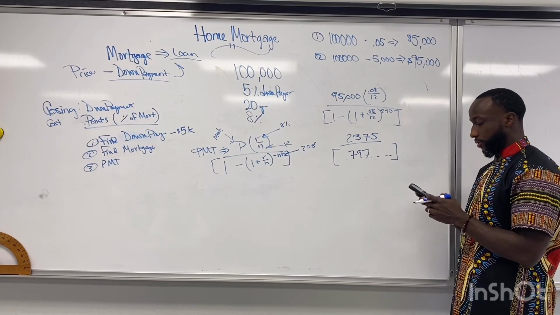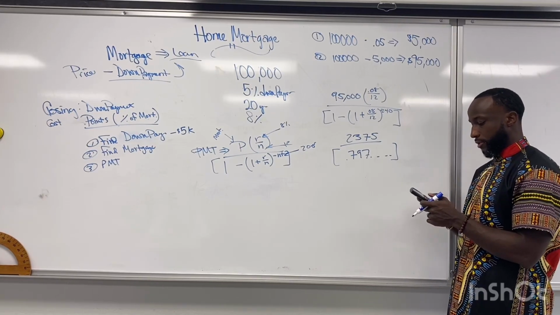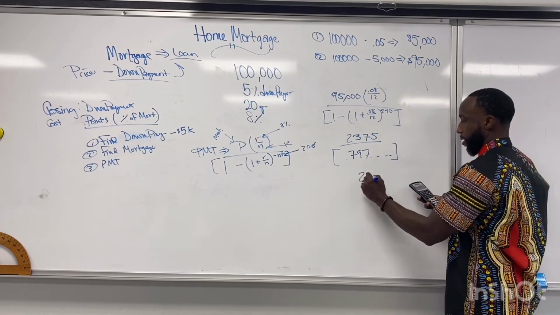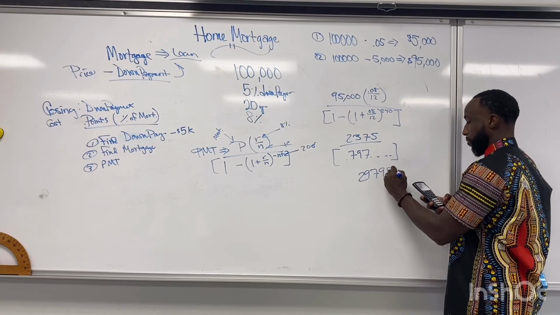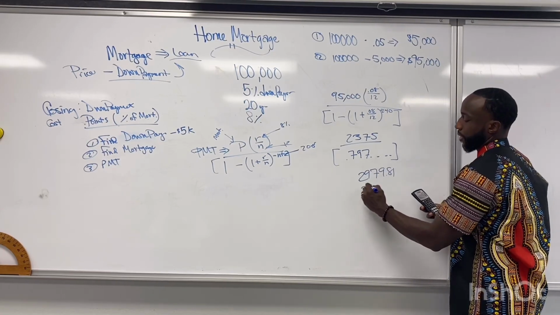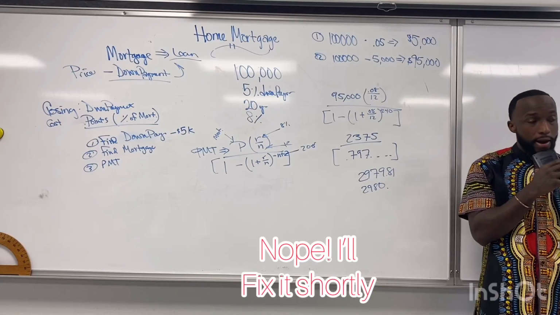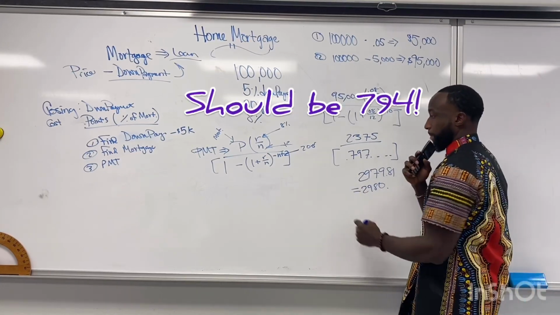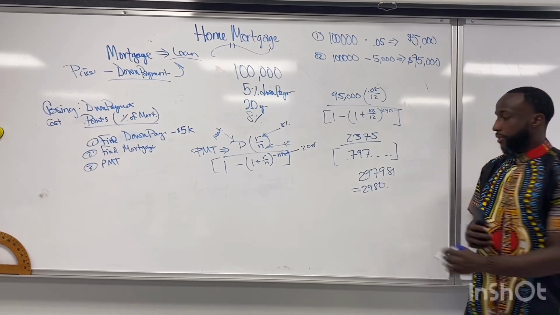And then you're going to do 2,375 divided by the answer. I got 29.79 and 81 cents, which is 29.80, on to the next dollar. That's what I got for the PMT. So every month they're going to pay this. Okay, so now we've got our PMT.